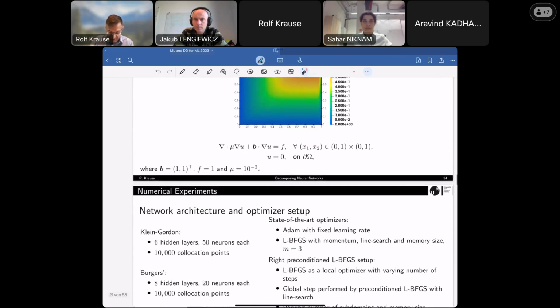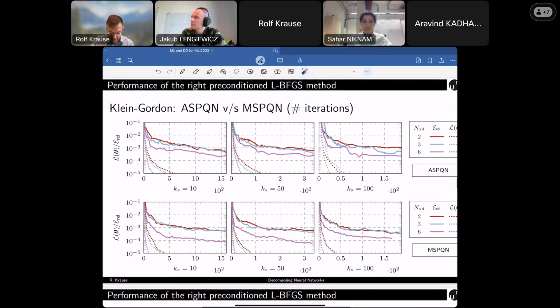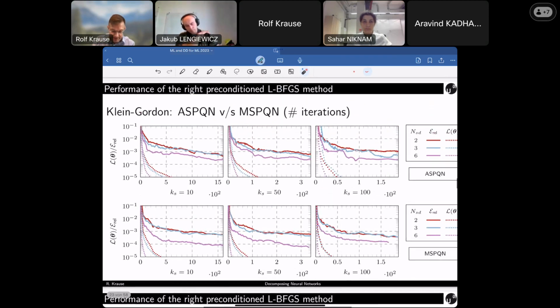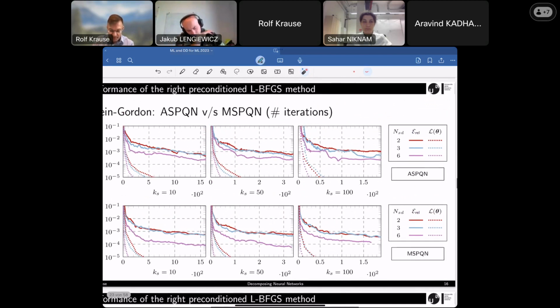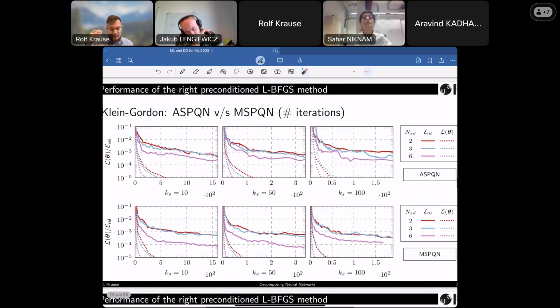We did different types of PDEs, but since we don't have so much time, let me just show you the following result. What you see here is loss with respect to different decompositions. So the question is, if I decompose my weights into smaller subproblems or more smaller subproblems, how does it affect the training speed?